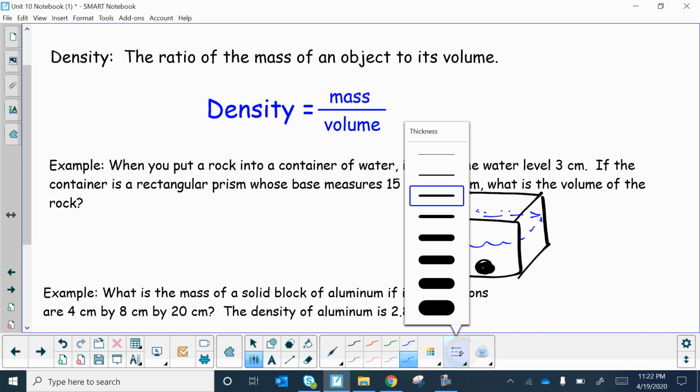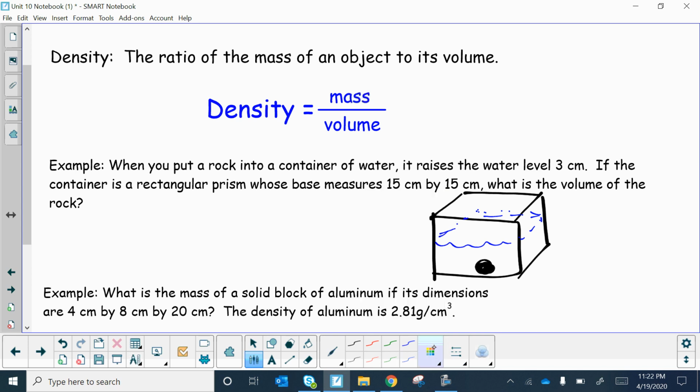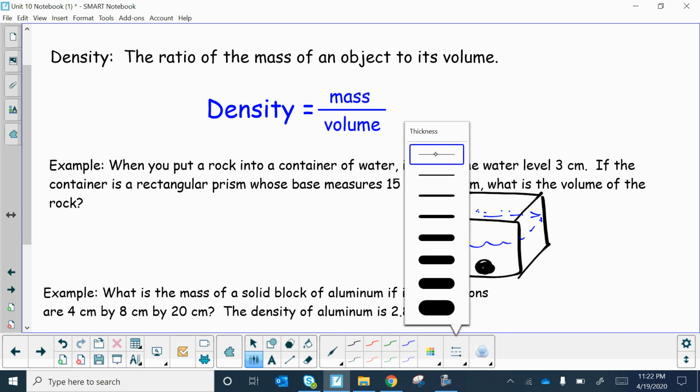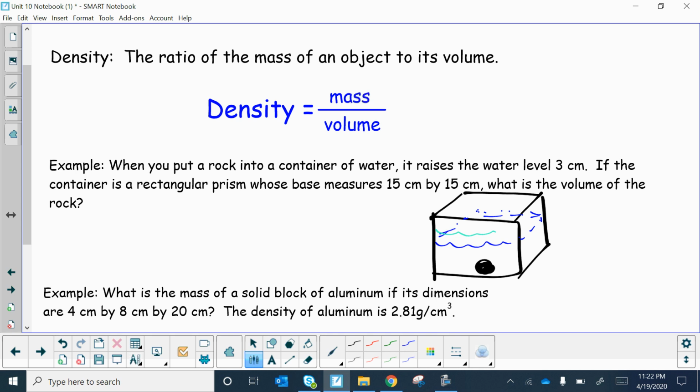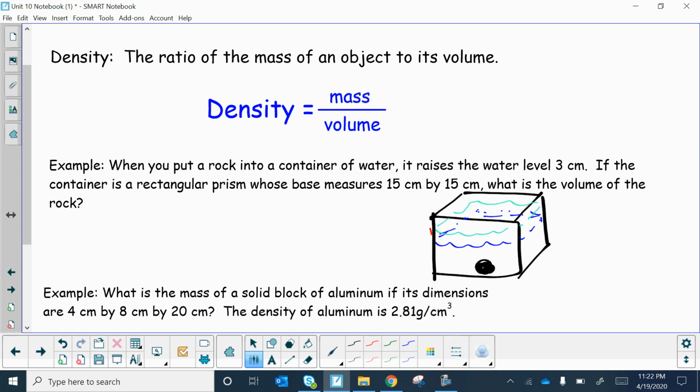And then it says the water now went up 3 centimeters. So now it's up here. Okay, so it's further up. And so the water level rose 3 centimeters.